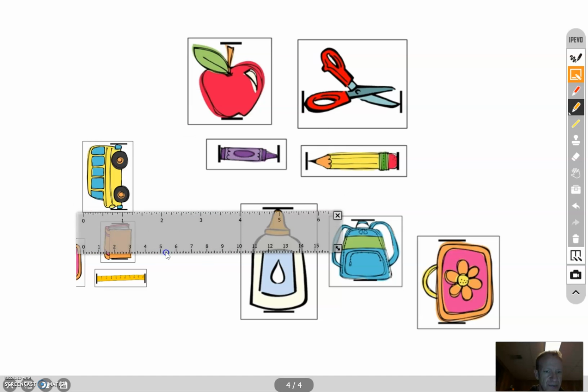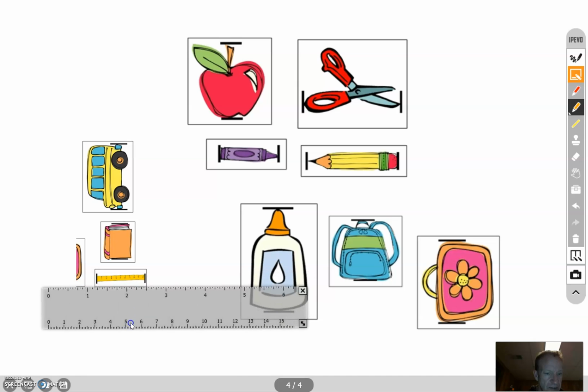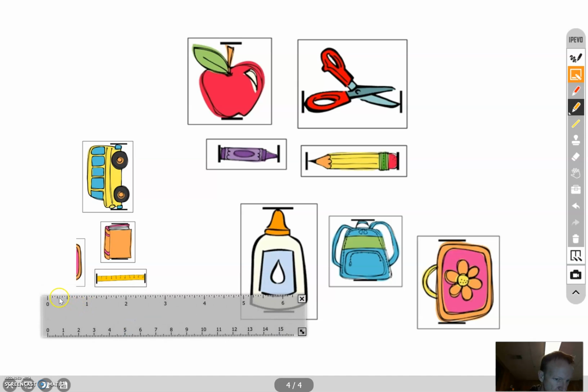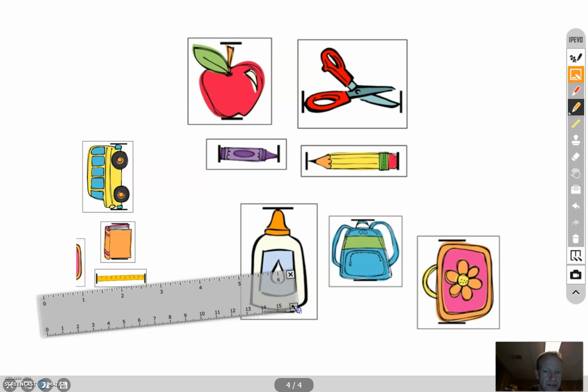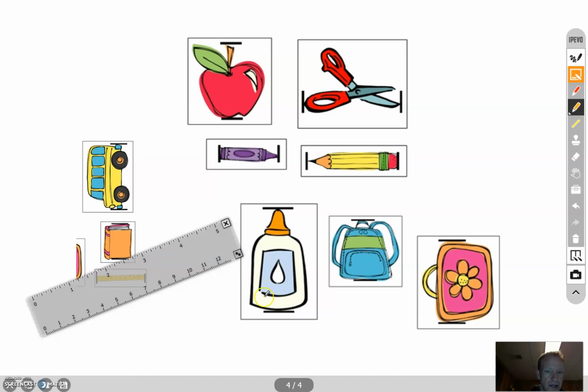So if we look at this ruler, we're only going to focus on the bigger lines in between the 0 and 1. So I have a 1/4 line there, I have a 1/2 line there, and I have a 3/4 line here. These other little lines are other lines that we can use, but when we measure things in third grade, we won't use those. So let's go ahead and try to do some measurements.